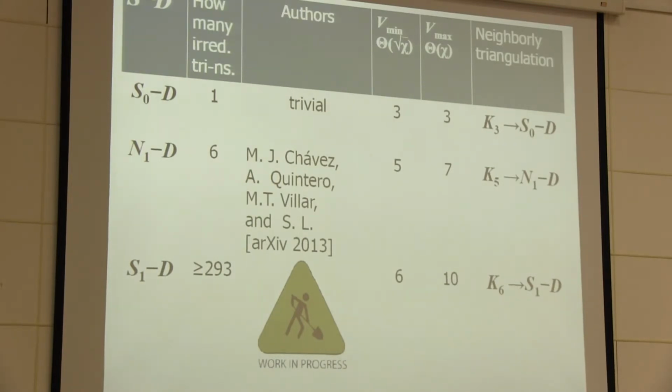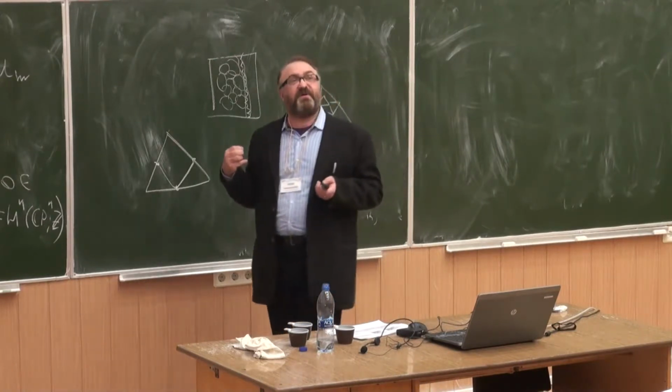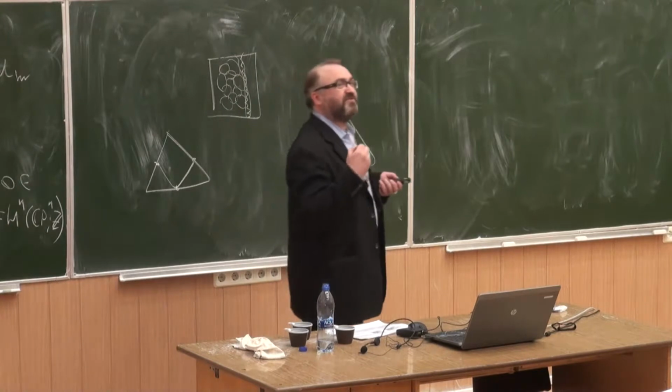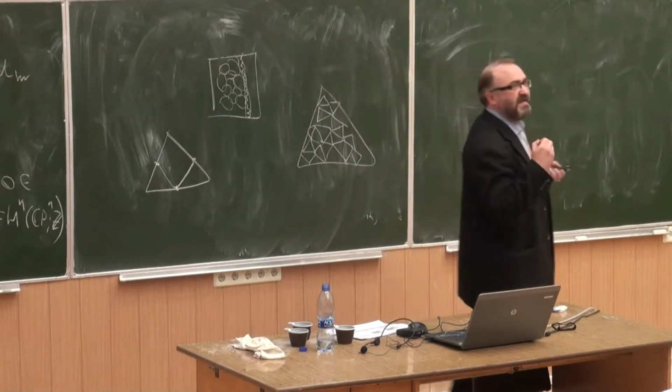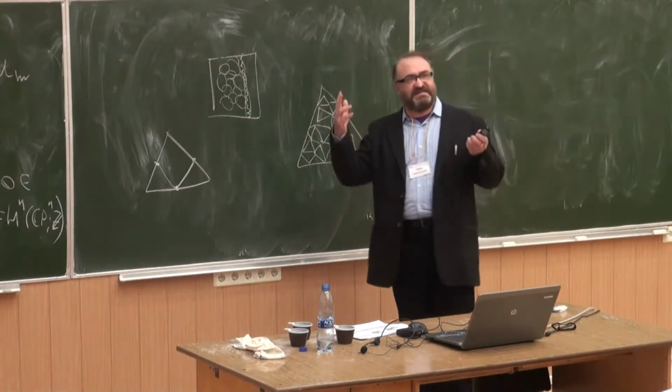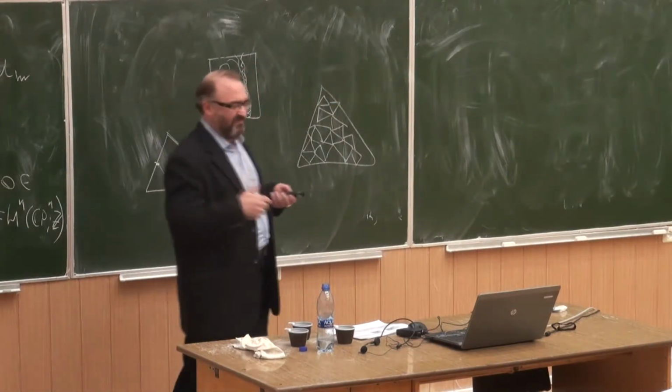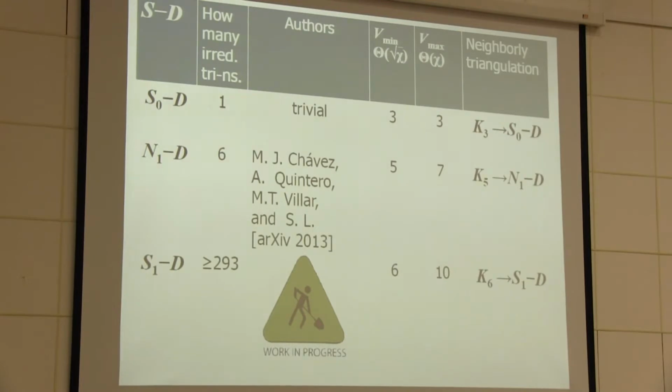I will show you the list of those triangulations shortly. And as far as the once punctured torus goes, the work is not complete yet. We have found as many as 293 irreducible triangulations of the once punctured torus, but we are not sure yet that this list is complete, and we are going to complete this work in a couple of months, hopefully.